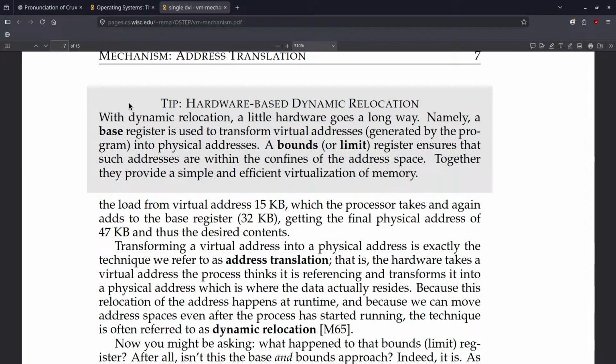Because this relocation of the address happens at runtime, and because we can move address spaces even after the process has started running, the technique is often referred to as dynamic relocation.